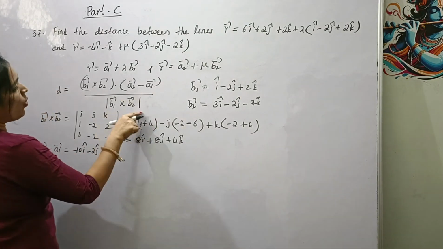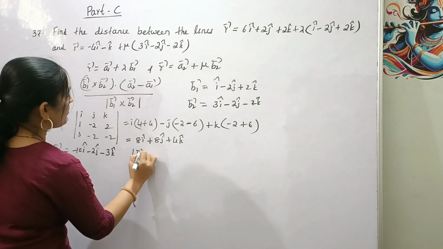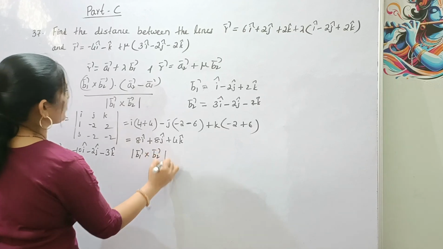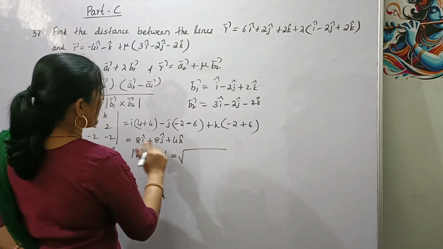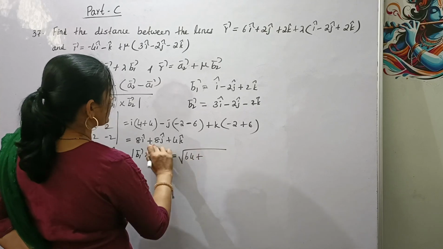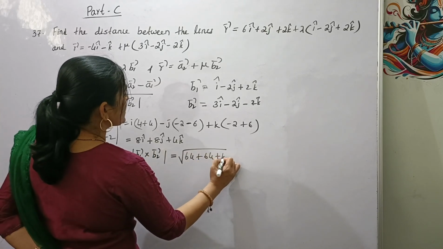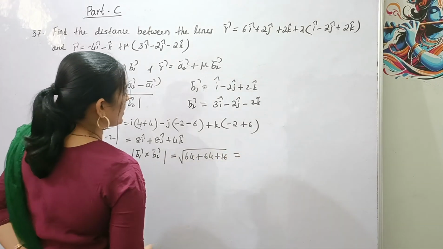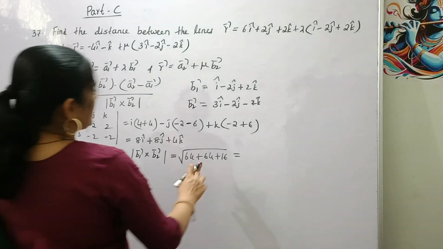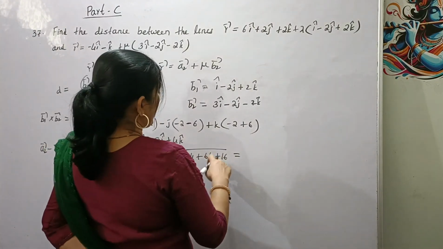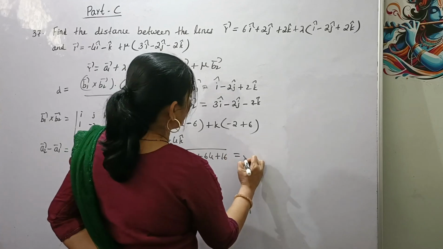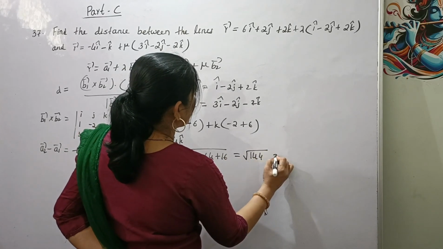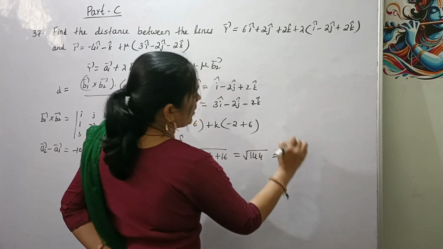Next, let's find the modulus of vector b1 cross vector b2. That is equal to the square root of 8 square 64 plus 8 square 64 plus 4 square 16, that is 144, which is 12.